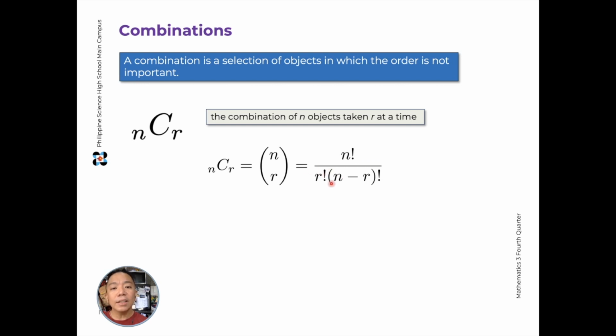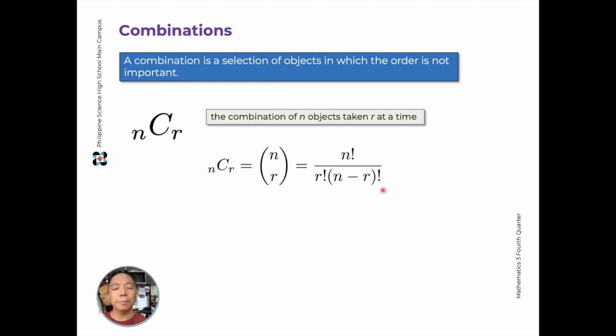So, by removing yung importance nung order, nagiging combination siya. So, again, this part is the permutation formula. If you divide it by r factorial, you remove the importance of the order or remove the number of ways to arrange r objects, nagiging combination siya.